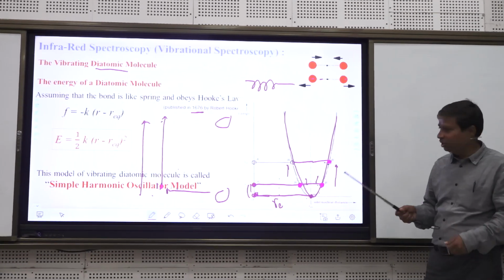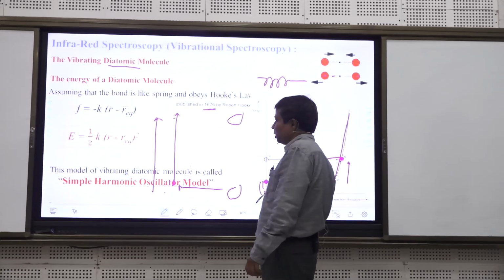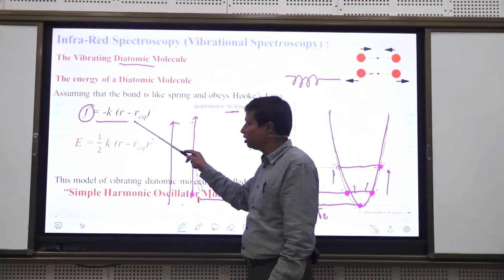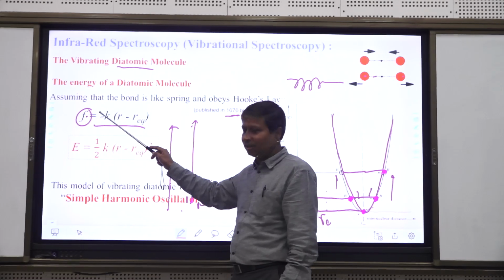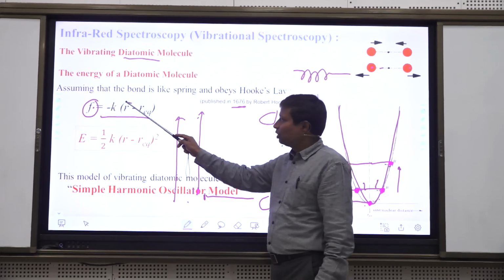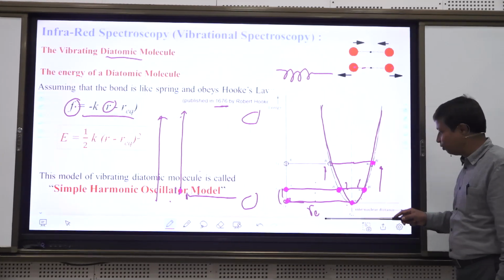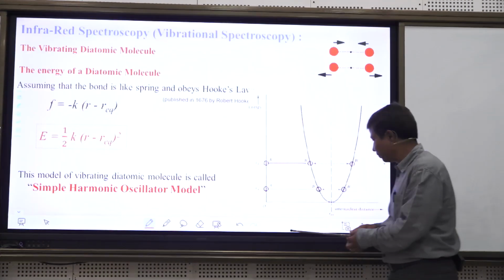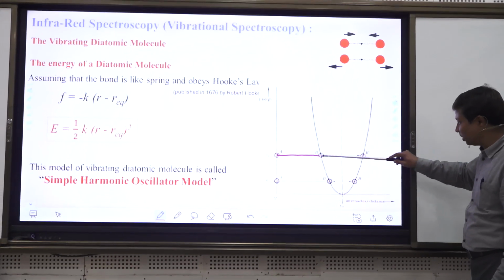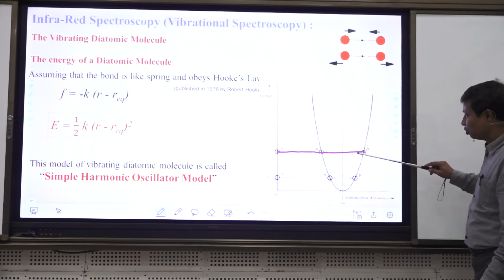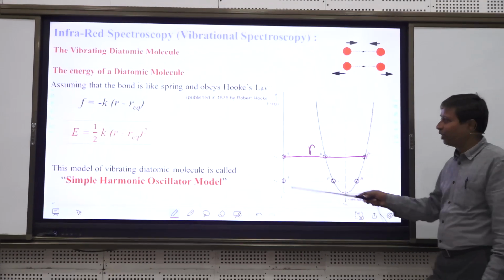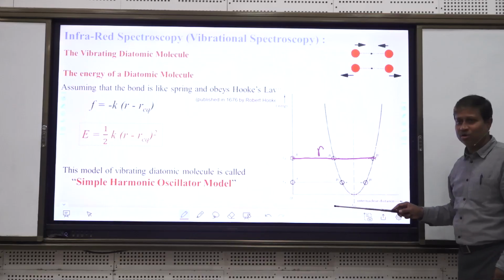Hooke compared this with the spring motion. For a spring, the force acting on the system is minus K times (R minus R equilibrium). Say you are thinking of the stretched case: from here to here is R, and R equilibrium is a constant value.